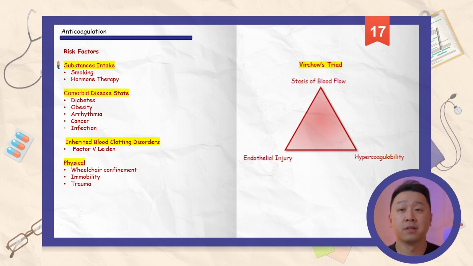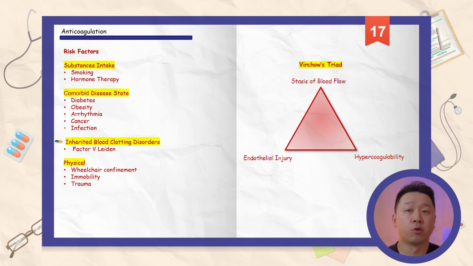So substance intake such as smoking and hormones can increase the hypercoagulable state, which in turn causes an increase in clot formation. Disease states, as previously discussed, such as diabetes and high lipids, will increase the hypercoagulability state, while arrhythmia may affect the stasis of blood flow, which also in turn causes an increase of blood clots.